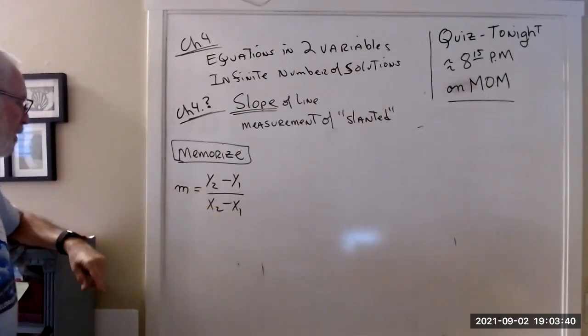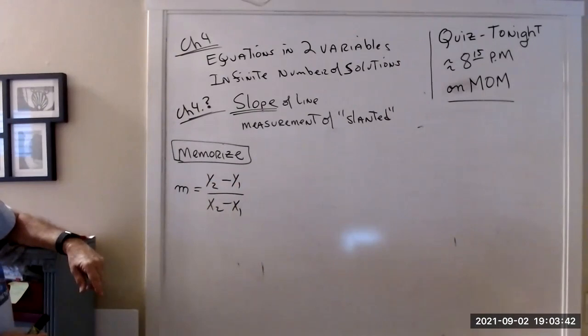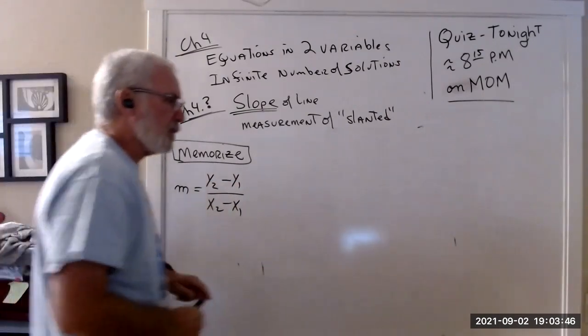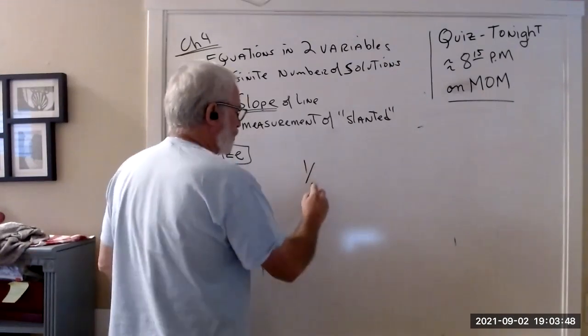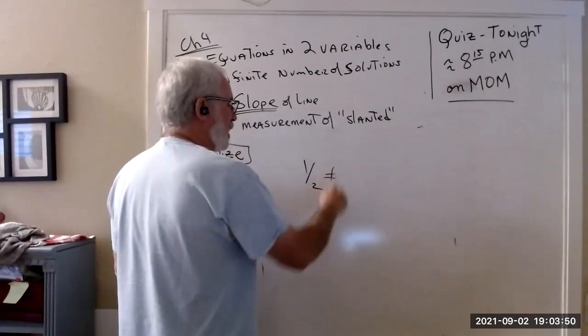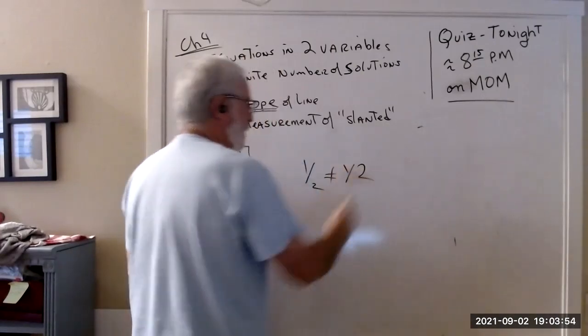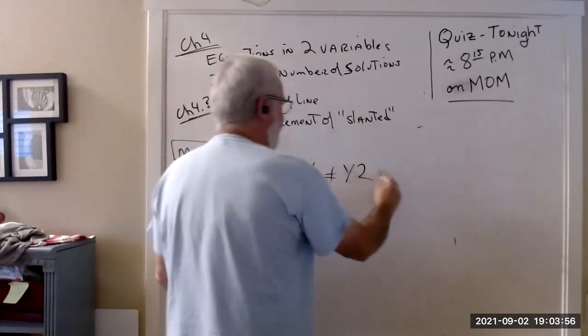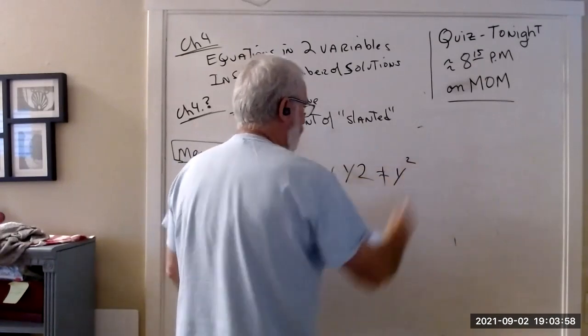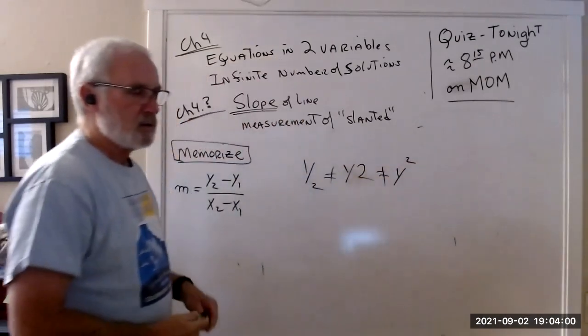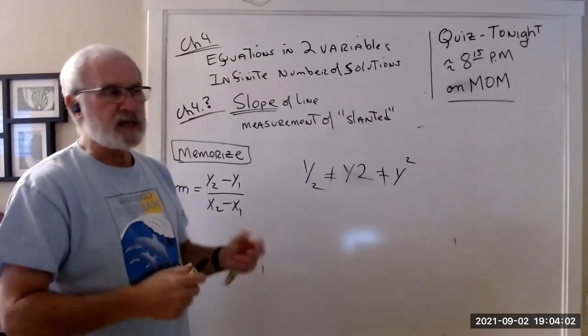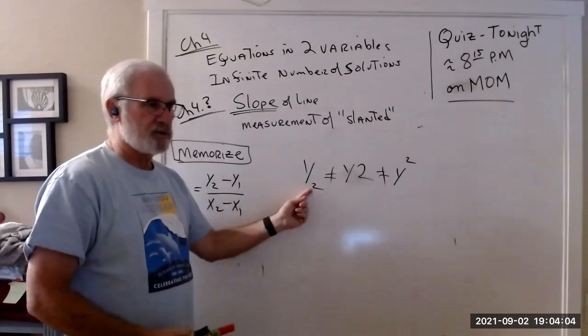I'm one of the very few instructors that make a big deal about this. Y sub 2 is not the same as y2, which is what people say, and it's not the same as y squared. They're all slightly different. This is called y sub 2.